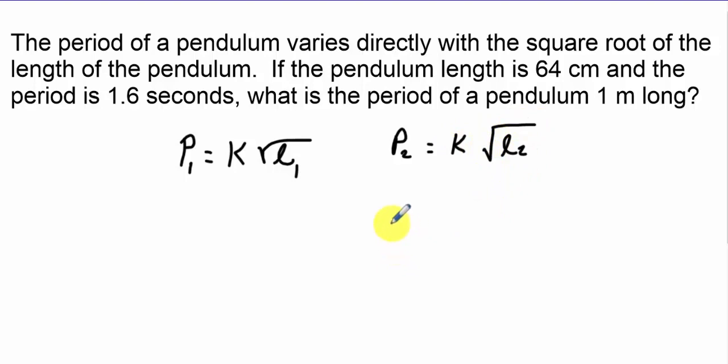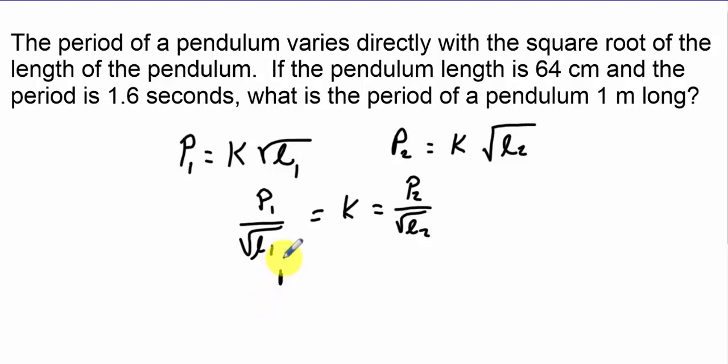And you'll notice in both that if I solve for k, k is equal to P2 over root L2, and k is equal to P1 over root L1. You'll notice, since these two are both equal to each other, they form a proportion.